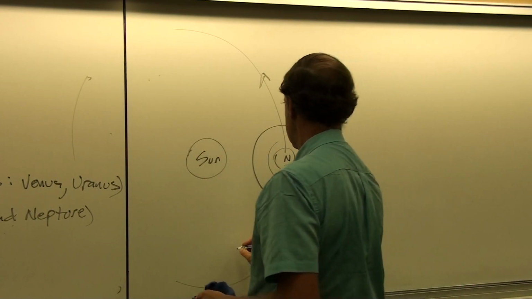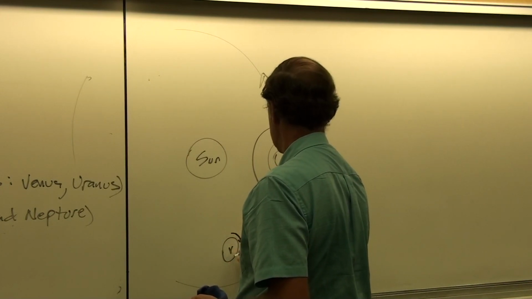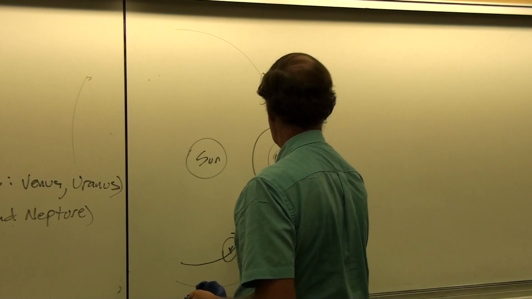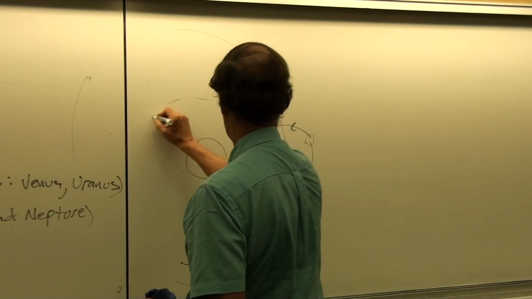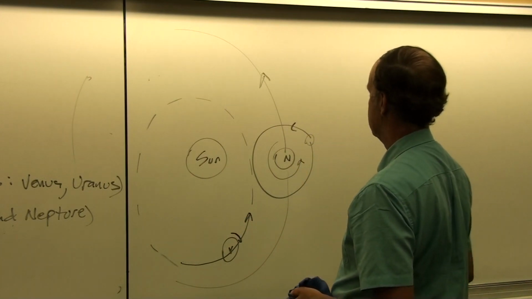But for Venus, its rotation is clockwise, while its orbit around the sun is still counterclockwise. And so Venus then has what we call retrograde rotation.